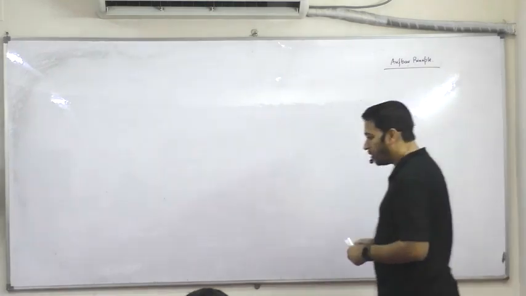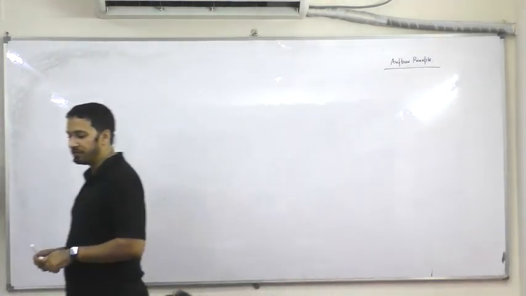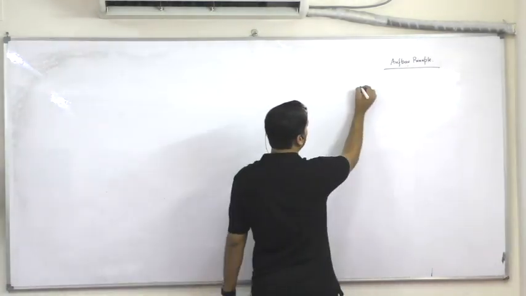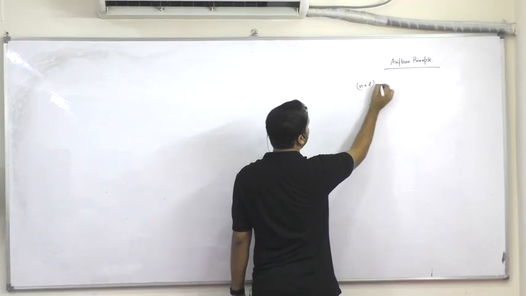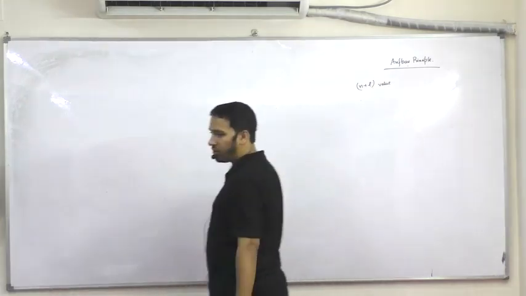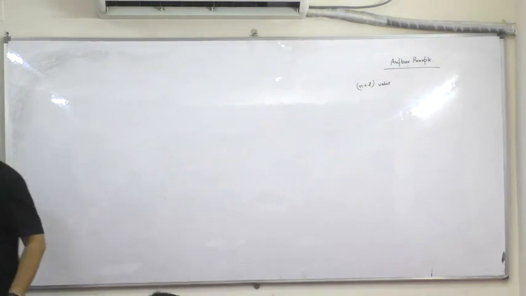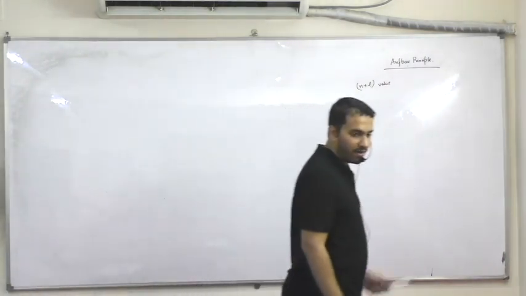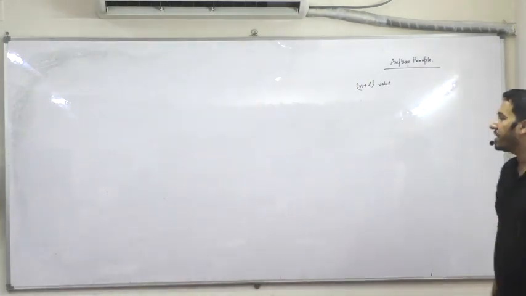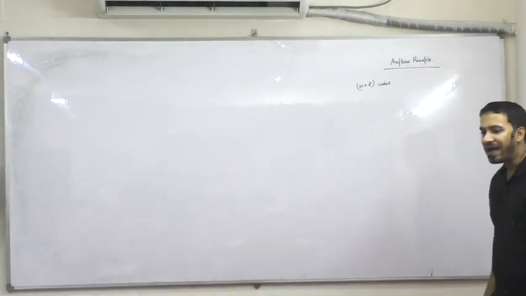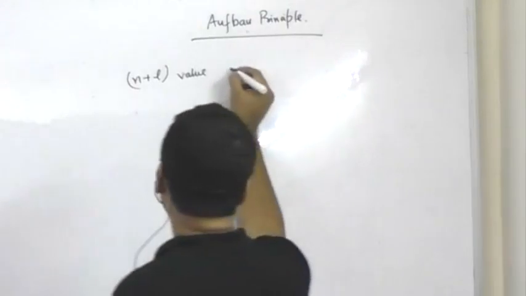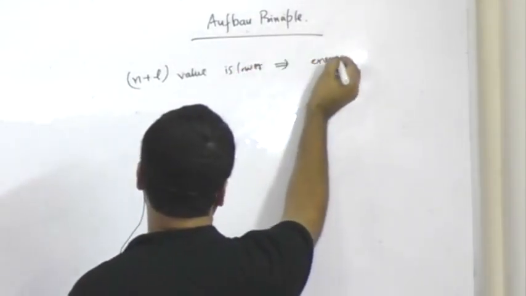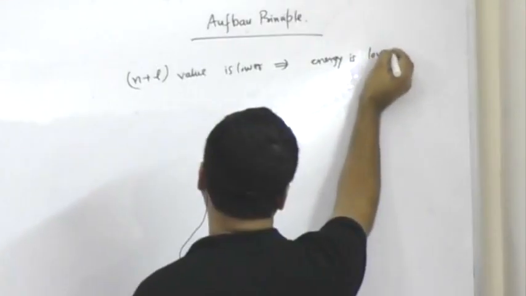Write down. The orbital with lower n plus L value has lower energy. Full stop.